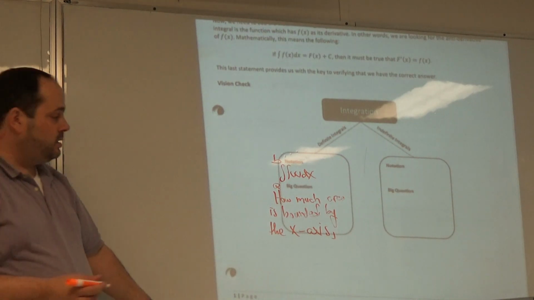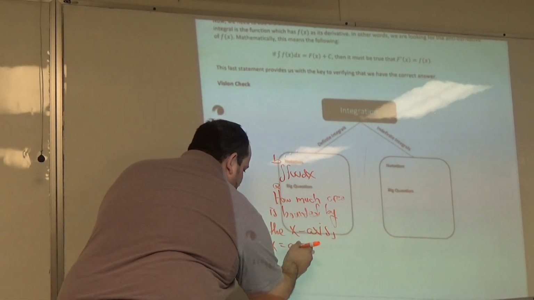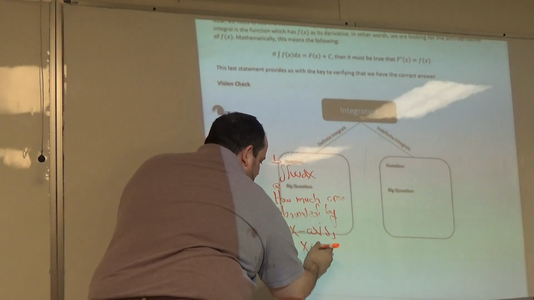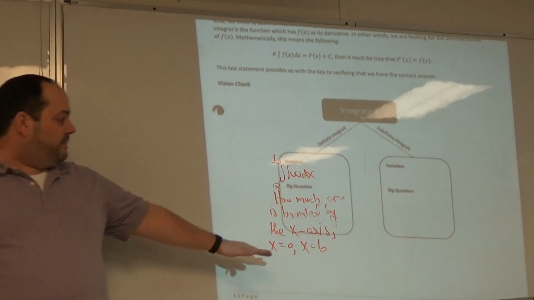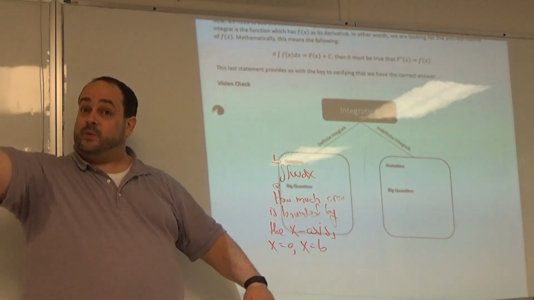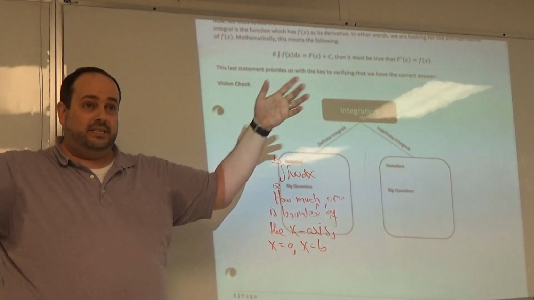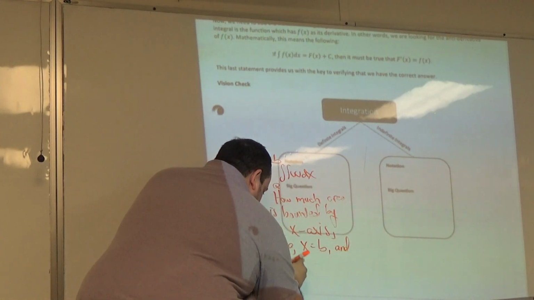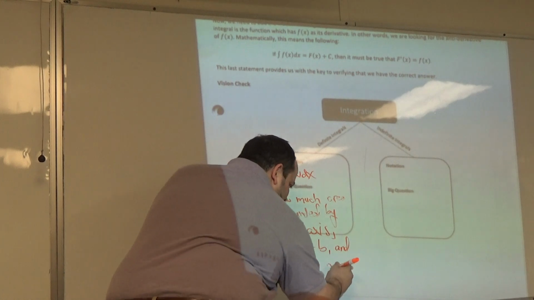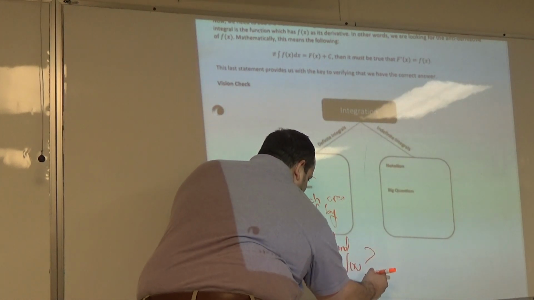What else? x equals a, that's another one. And x equals b. So I have the x-axis, x equals a, x equals b. Eunice, what's the last thing? And the graph of f of x.